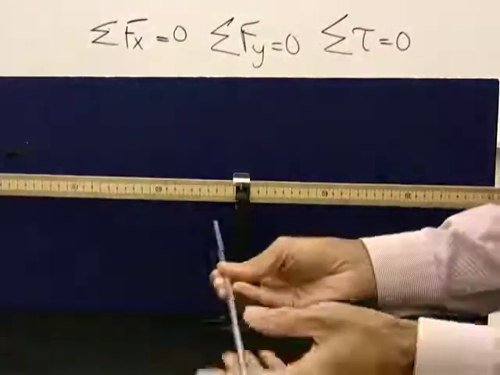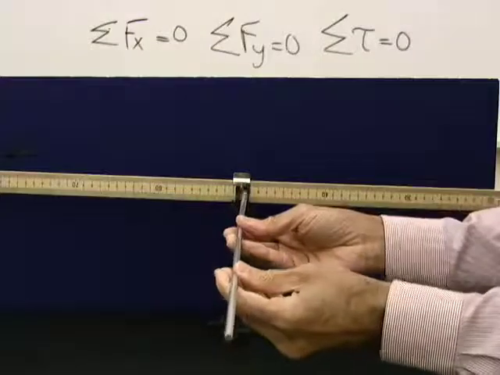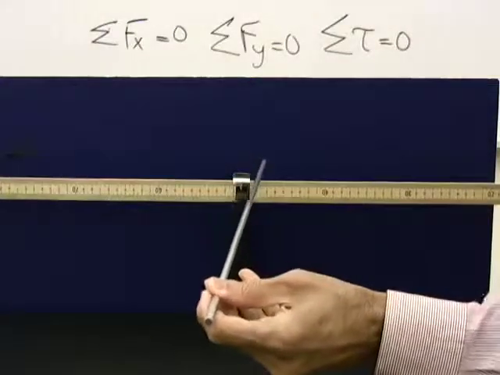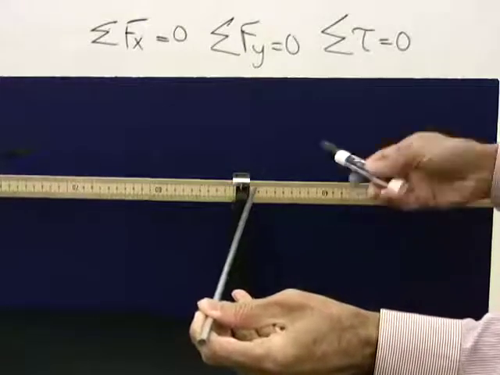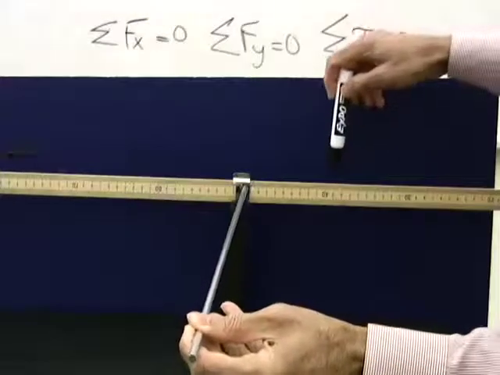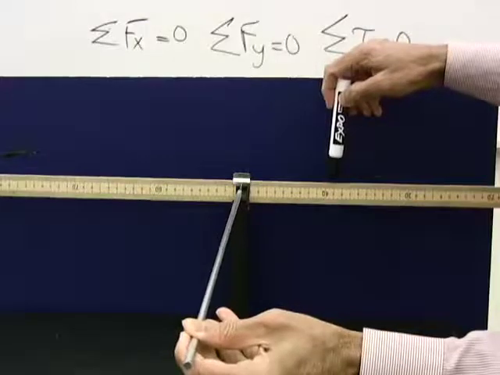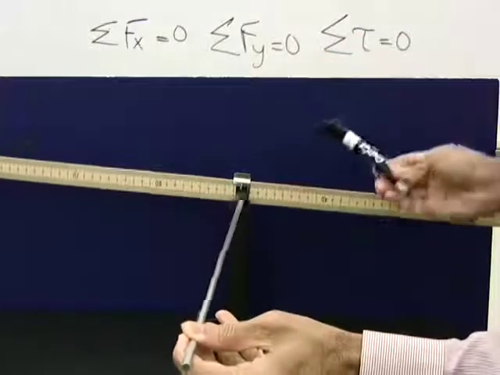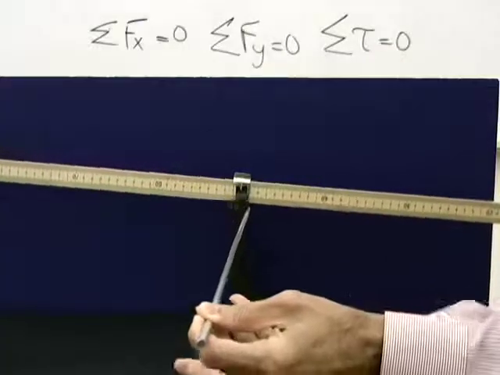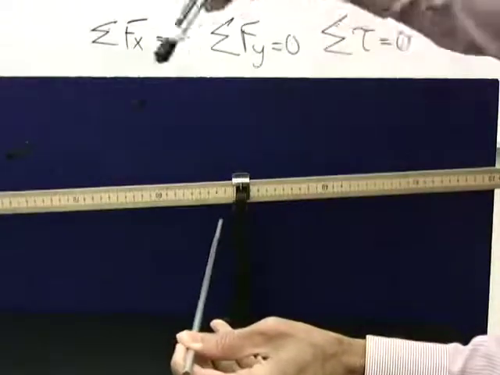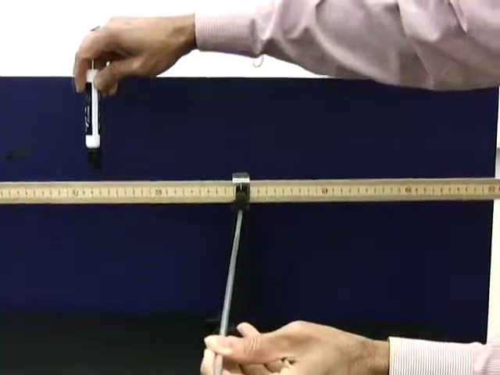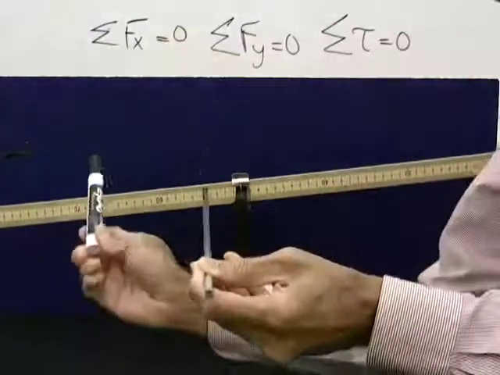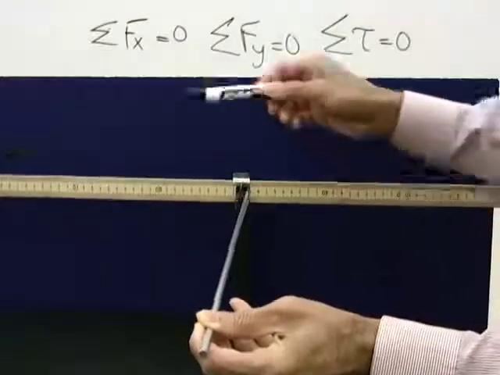Now, let's look at the rotation of the meter rule about an axis like this, a horizontal axis. If I apply a force on the ruler here, look at now what is the direction of rotation? It is clockwise. Whereas if I apply a force on the other side, the rotation is counterclockwise.